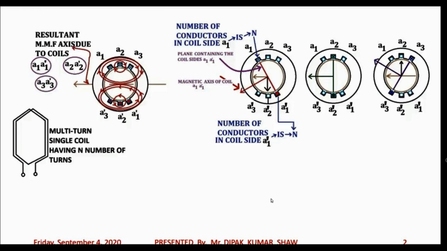Besides that, we will also find out that if you take any arbitrary point in the air gap of the single phase induction motor, you will find that the MMF at that arbitrary point is a function of both space angle as well as time.